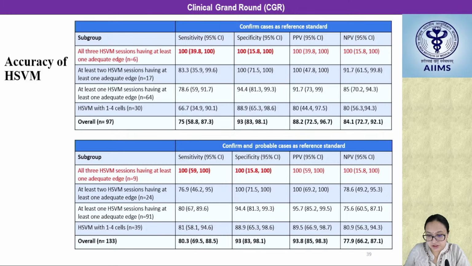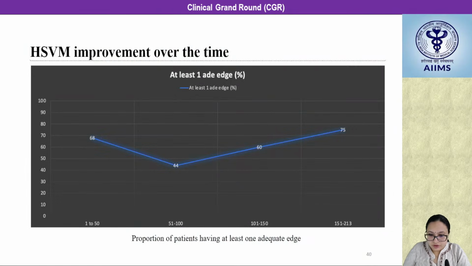And in patients with 2 HSVM samples having at least 1 adequate edge, it was up to 83% sensitive, 100% specific, and had a 100% positive predictive value, and about a 92% negative predictive value. So this is our learning graph here at AIIMS.